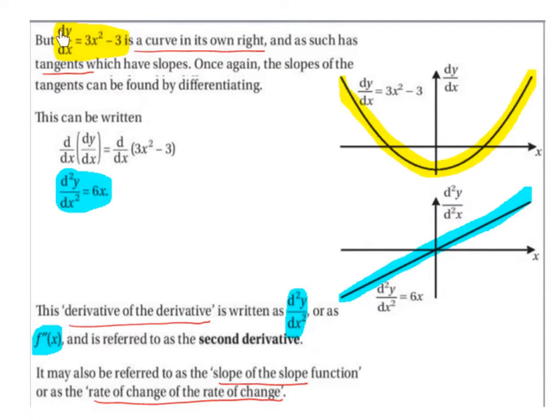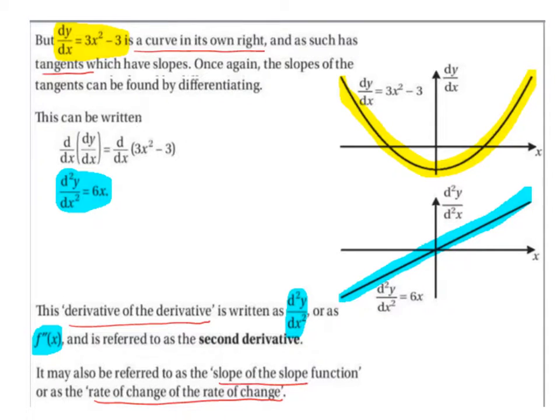But dy/dx equals 3x squared minus 3, so our U-shaped graph is a curve in its own right, and as such has tangents which have slopes. Once again, the slopes of the tangents can be found by differentiating.